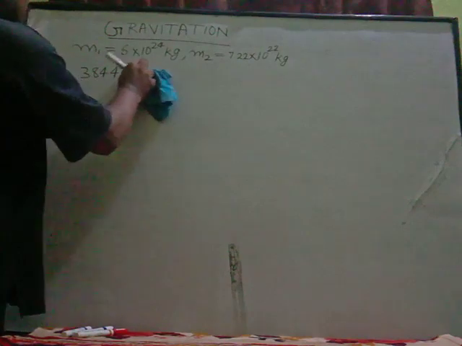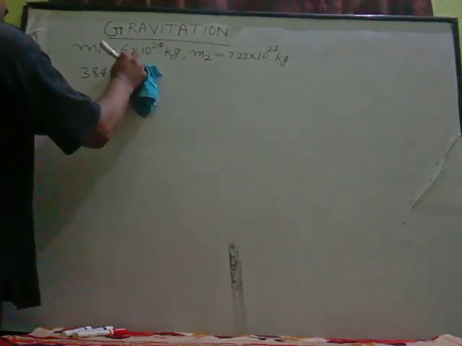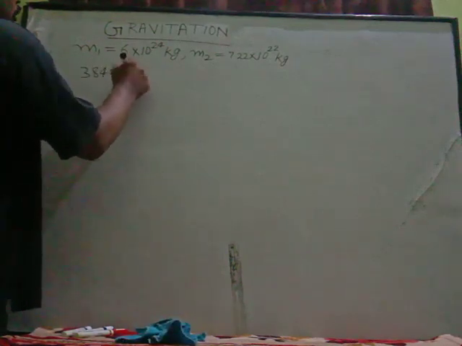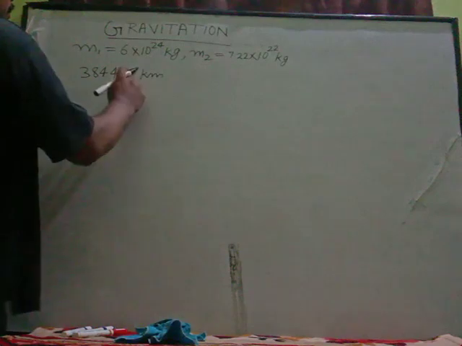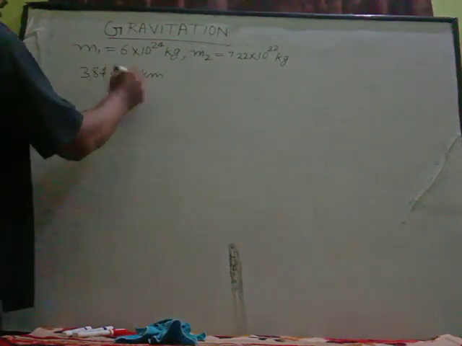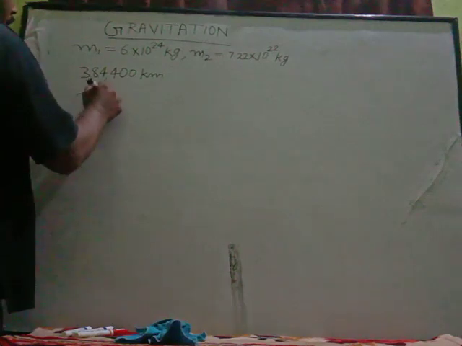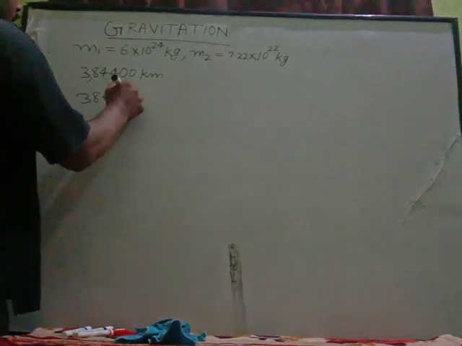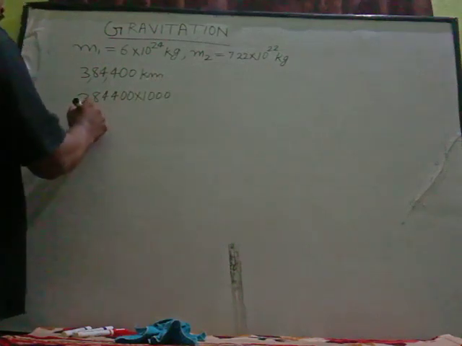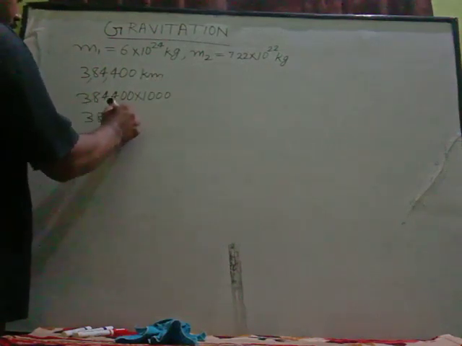This 400 kilometer is ignored. 3,84,400 किलोमीटर. Convert it into meter by multiplying it with 1000. It comes this much.